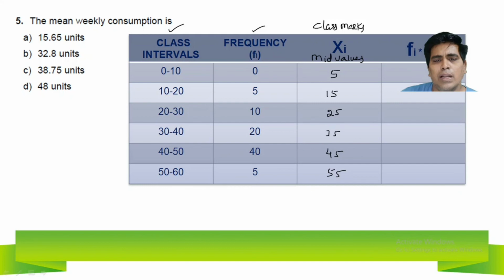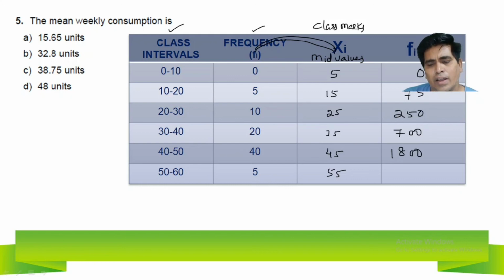After that we have to multiply these two columns, this into this. So 0 into 5 is 0, 15 into 5 is 75, 250, next this is 700, 40 into 45, this is what I'm getting, it is 1800, 55 into 5, so we are getting 275.